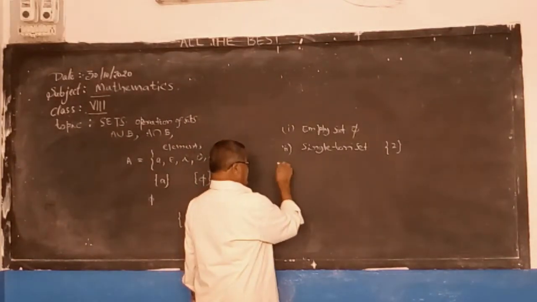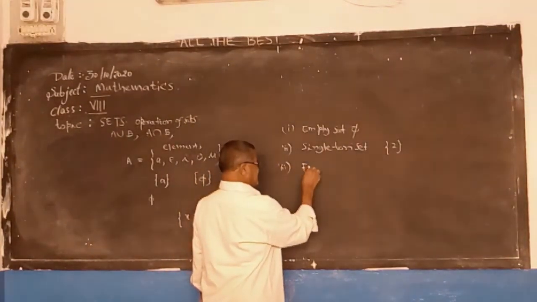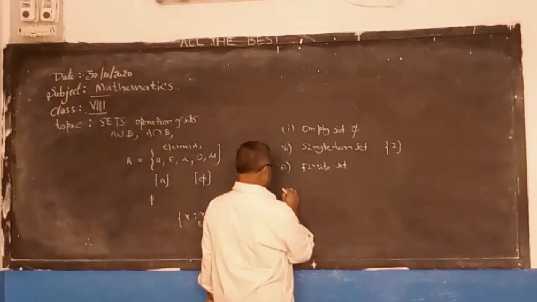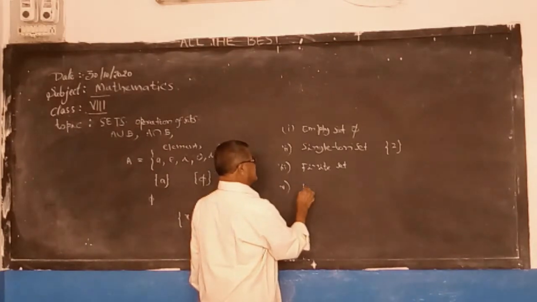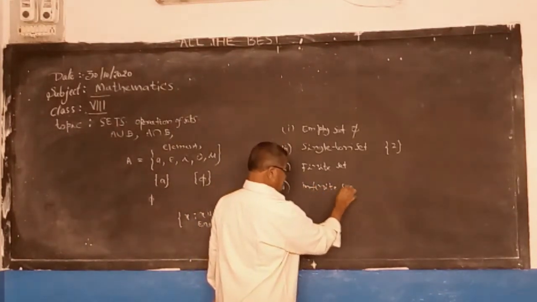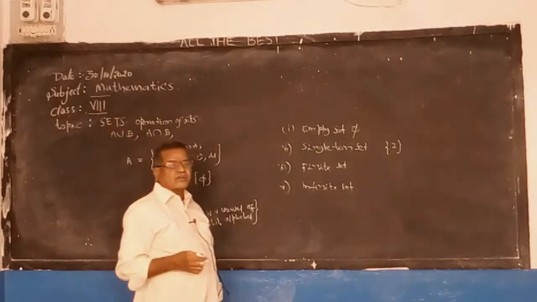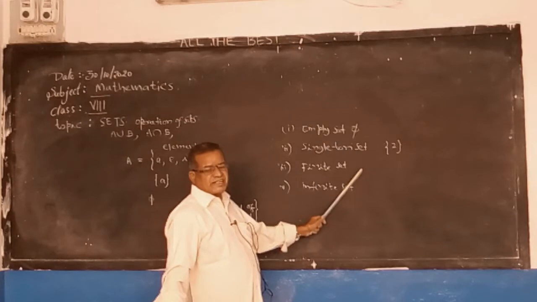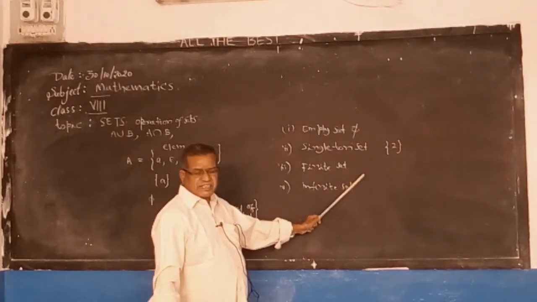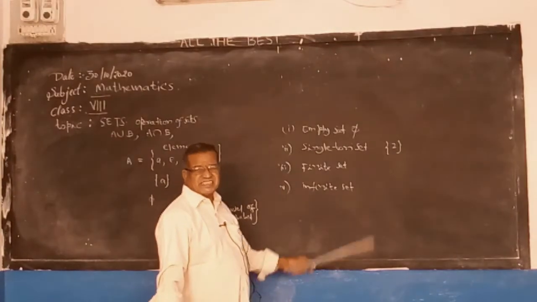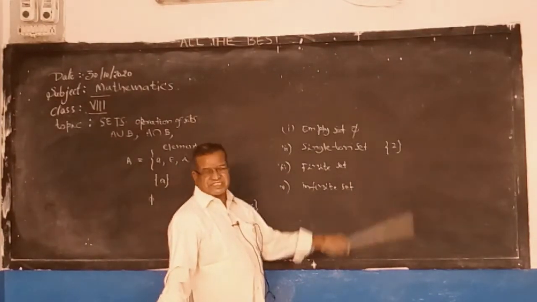Third one, finite set. Fourth one, infinite set. In a finite set, we know we can count the elements, a set which has countable objects.